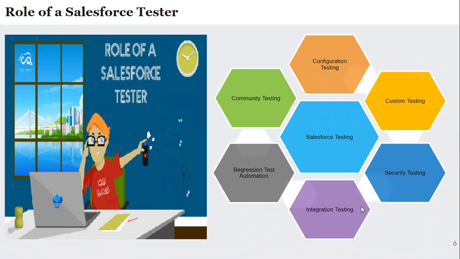The next one is integration. Nowadays, a system is not built as one application. Take Amazon, for purchasing any product. One question: how many integrations are involved when you buy a simple product, say an iPhone from Amazon, from search till dispatching?